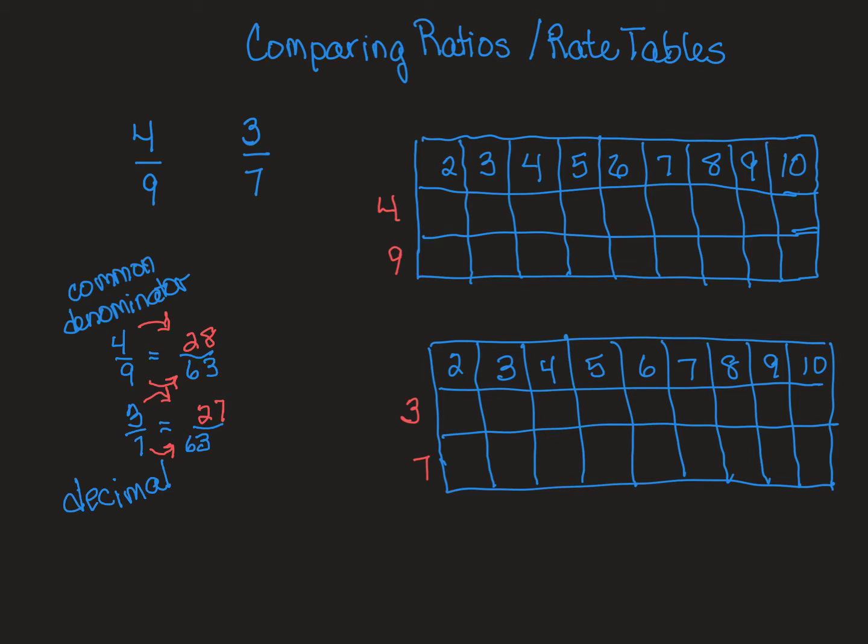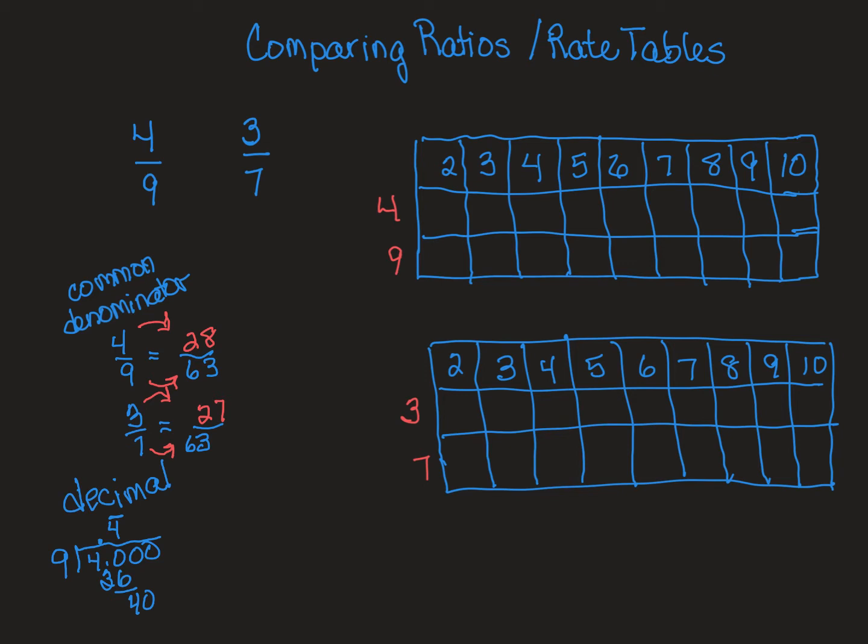The other way I can do it is I can divide them and find the decimal. Remember that 4/9 is 4 divided by 9, so it's 9 divided into 4. I know this is going to be 0.4 repeating.